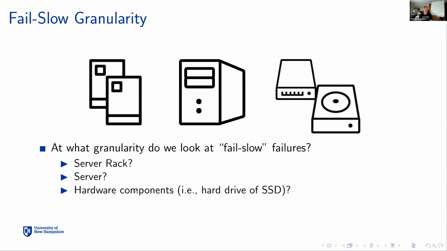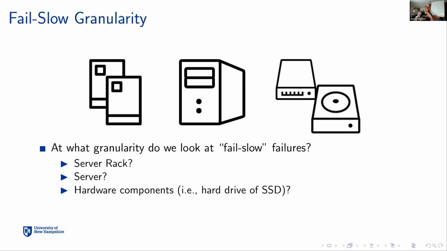Or are we going down into even finer components, like slow hard drives or slow SSDs? According to the authors, a lot of the existing literature focuses more on server and node level, right? But for their use case, which is storage, they really want to focus down to identifying failed components within a server.